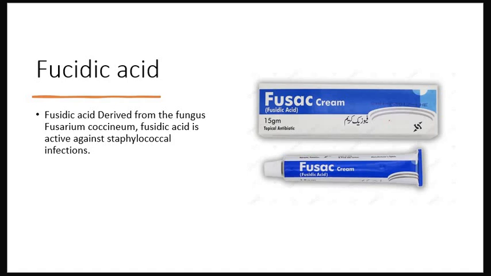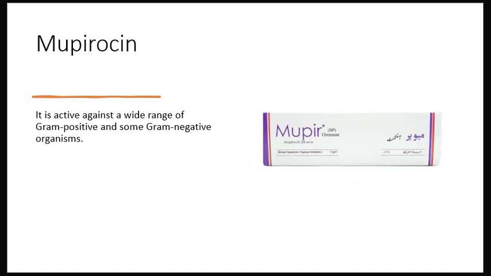So the second antibiotic is mupirocin. Mupirocin provides a wide range of coverage against both gram-positive and gram-negative bacteria. So, if multiple layers of the skin are involved, or if there is a deep skin infection, then mupirocin is usually prescribed in routine clinical practice because it is active against all types of bacteria.